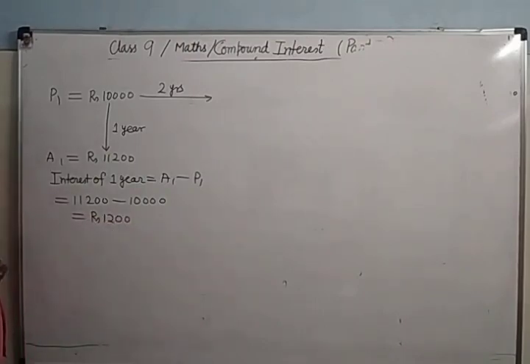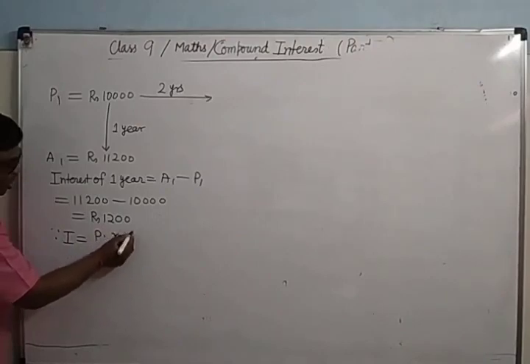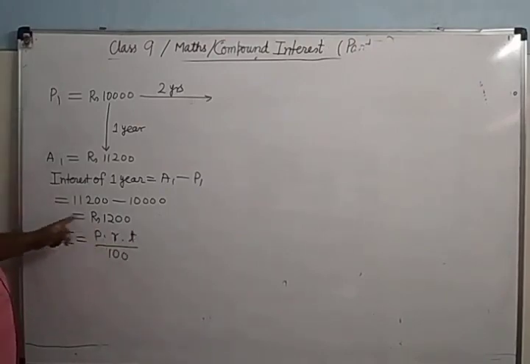This is the interest of the first year. Now what is the formula of interest? Interest equals P into R into T upon 100. From here we will get the value of R. Interest is given, P is given, and T is 1 year. If you substitute all values, you will get the value of R.